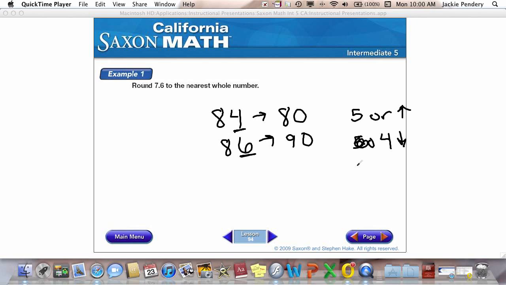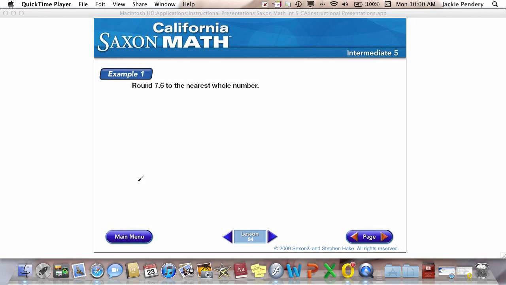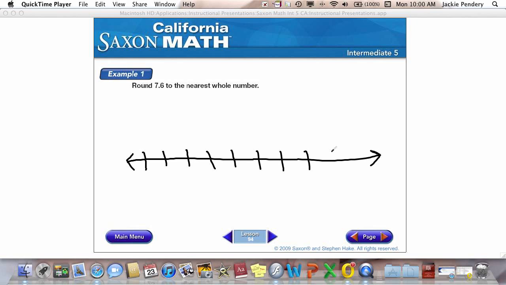So let's look at how this relates to decimals. So here I'm going to draw a number line. And I'm going to put 0, 1, 2, 3, 4, 5, 6, 7, 8, 9, 0.